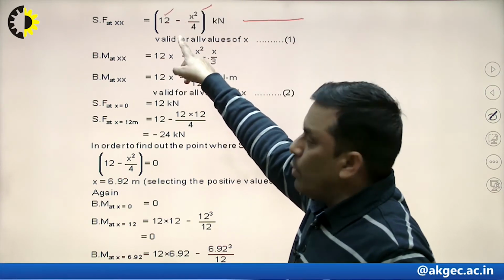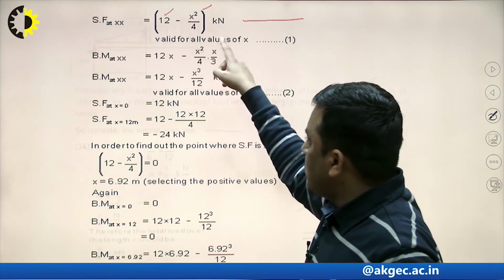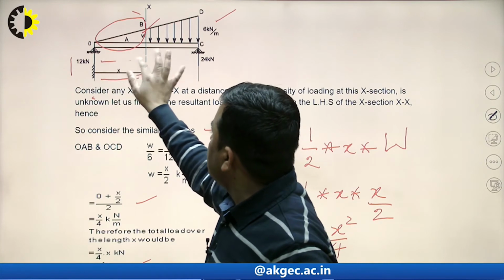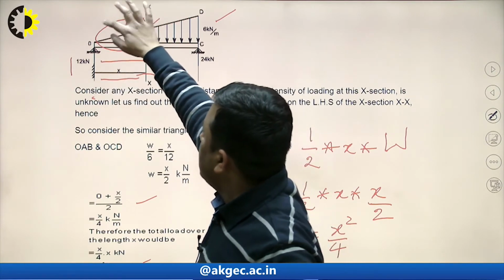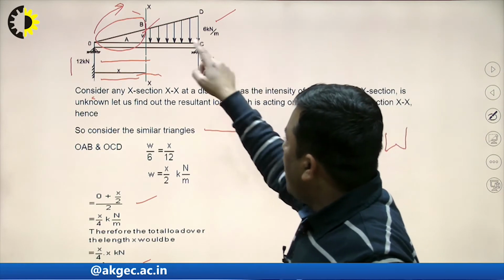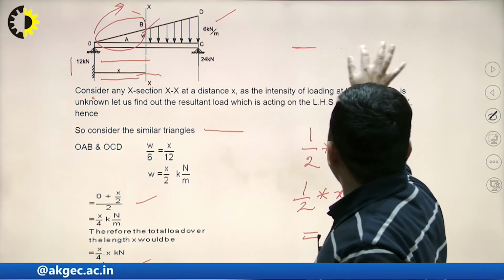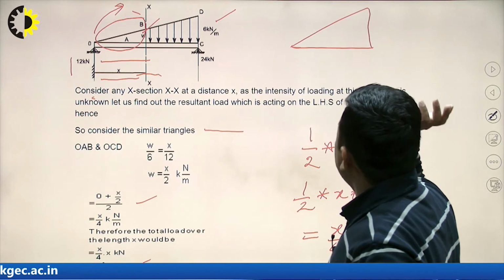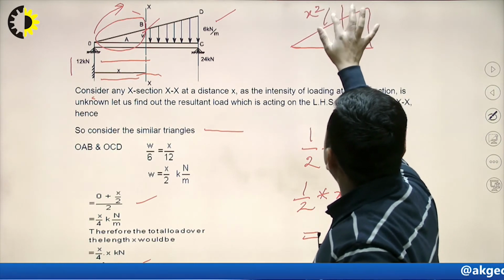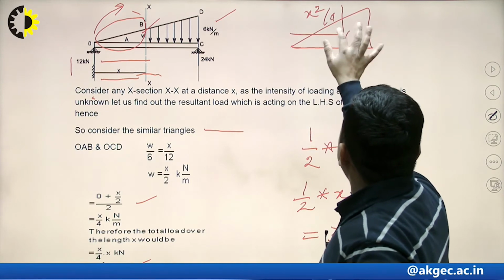The distance of the 12 kilonewton load from the section plane is x. So, 12 into x, it is clockwise in nature. And because of this triangle, now I am making this triangle, this load is x square by 4. What will be the distance from here?